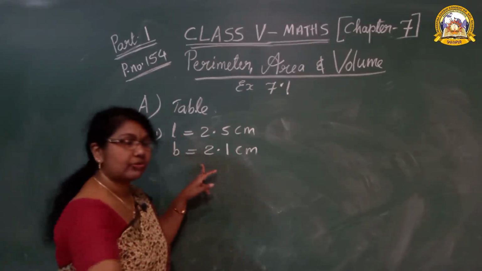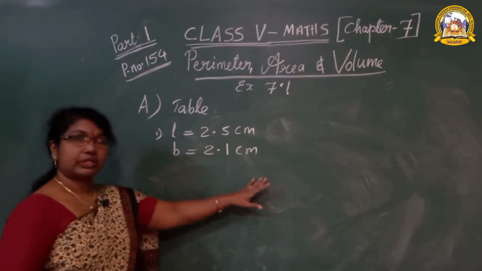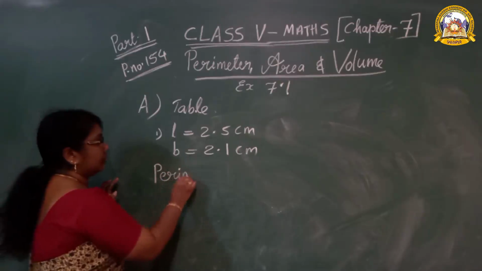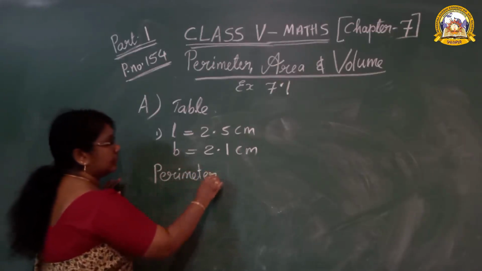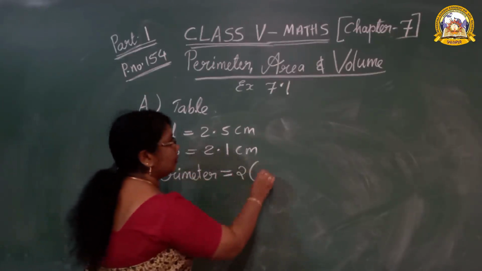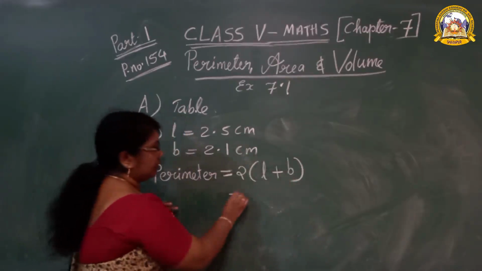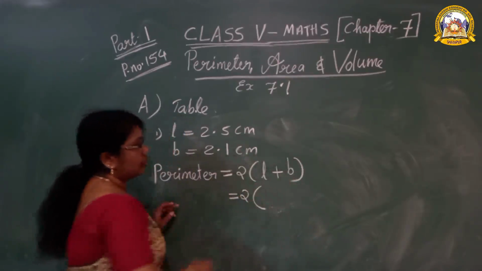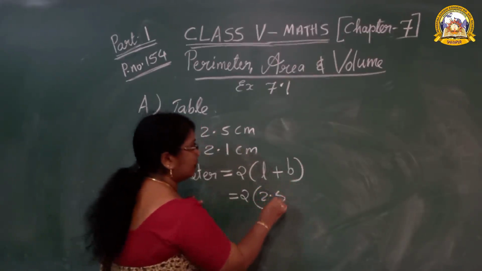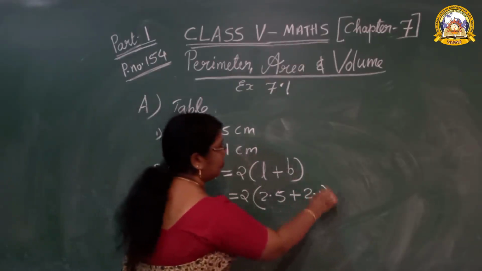Length is 2.5 centimeter. Breadth is 2.1 centimeter. What we have to find out is the perimeter. So first you have to write perimeter. You can use the short form. Perimeter is equal to, we have to write down the formula, 2 multiplied by (length plus breadth) is equal to 2 into (in L's place write 2.5 plus in breadth's place 2.1).